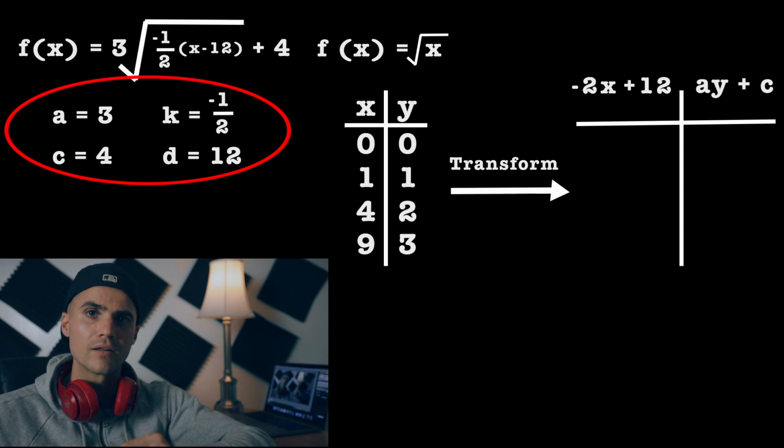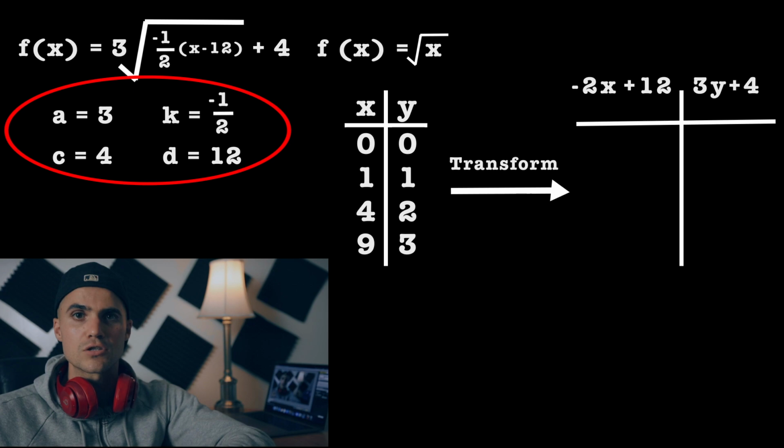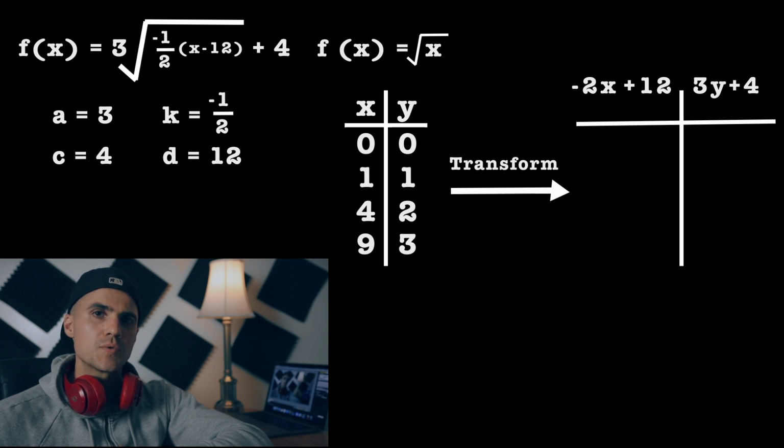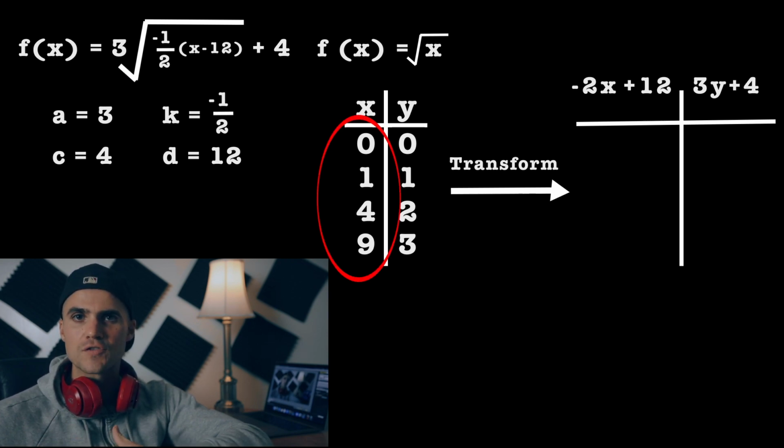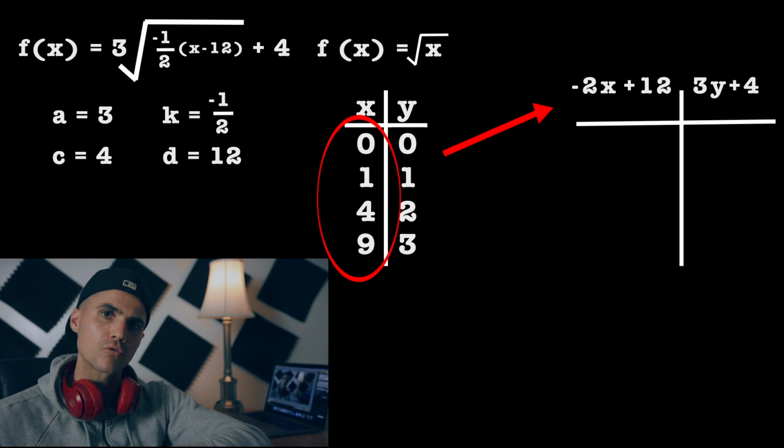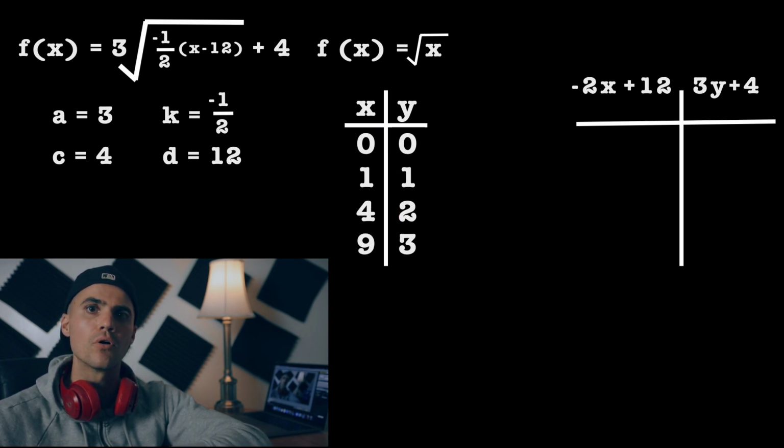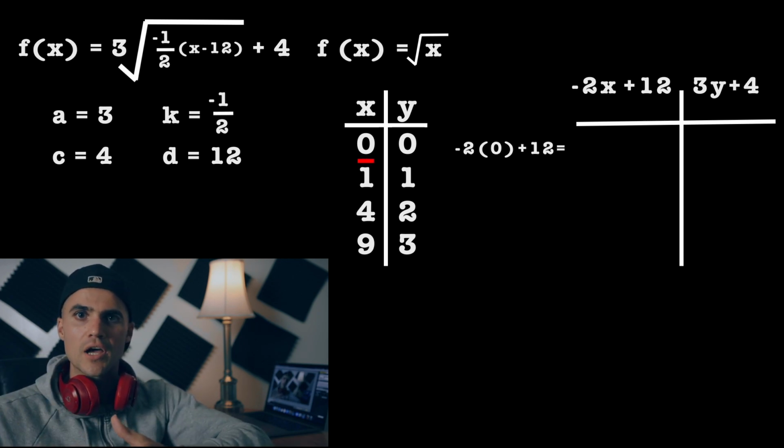For the y values, the a value is 3, the c value is 4, so it ends up being 3y plus 4. So now what we do is we take all of our x values from the parent table and we put them through that formula for the x values, the negative 2x plus 12. So for example, if we take that x value of 0, negative 2 times 0 plus 12 would give us 12.